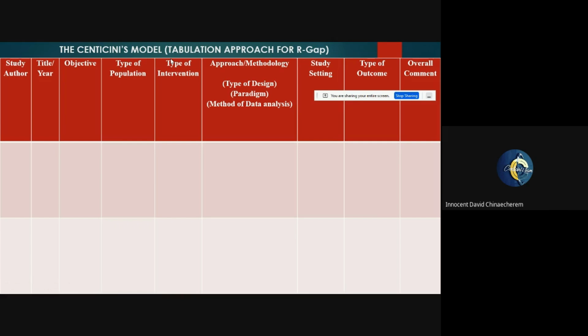So if you're coming from a qualitative standpoint and you want to use the tabulation approach to record some of the studies, then it implies that you have to direct your columns as it suits your question, right?